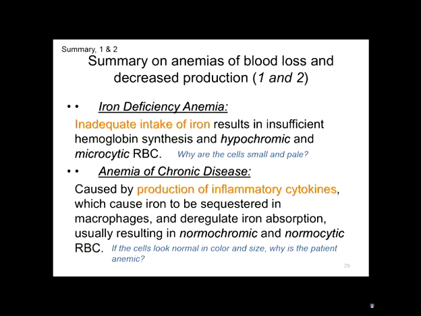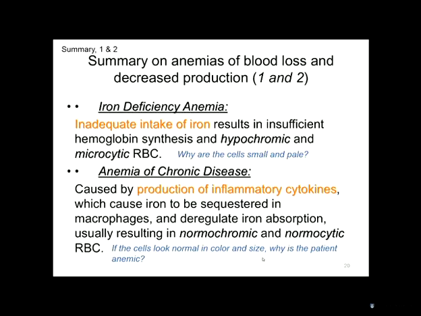There's not enough of it being made. So in the bone marrow, yes, the protein is there, the protein is being made. The beta chains, the alpha chains that make the hemoglobin molecule are produced, but because there's not enough iron, hemoglobin is incomplete. Less hemoglobin is being made, and that's why these cells are smaller and paler than normal, okay?